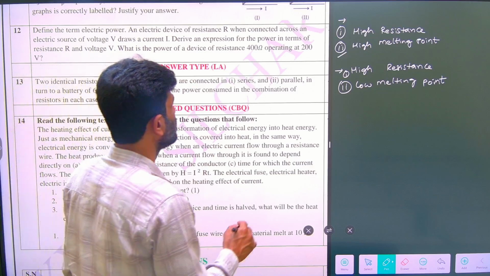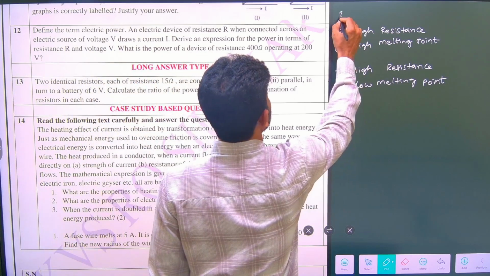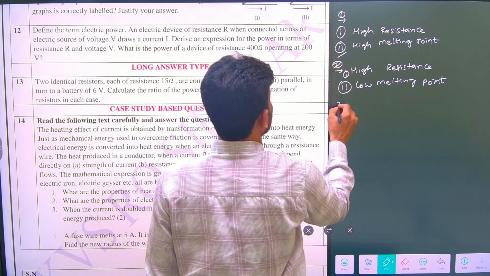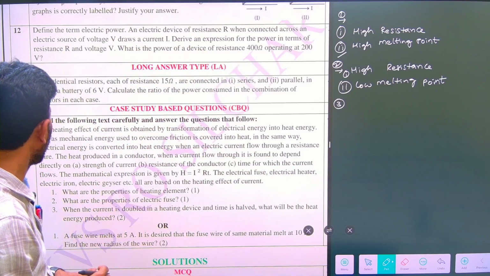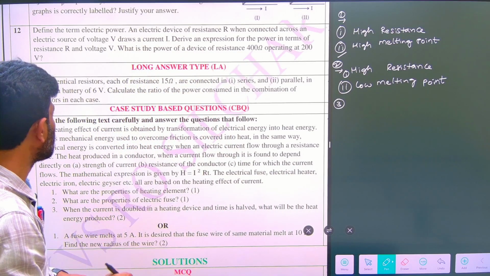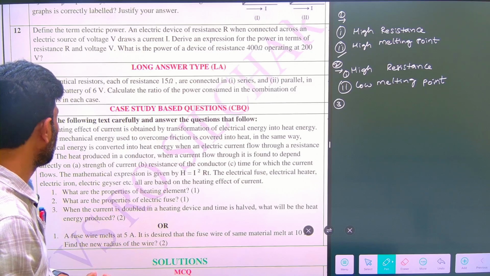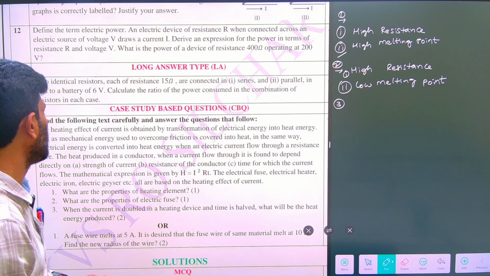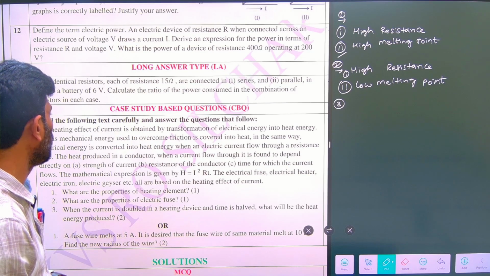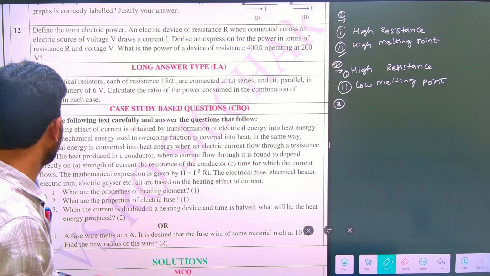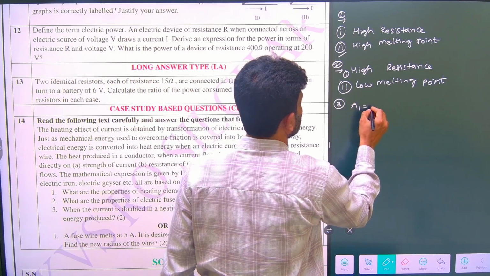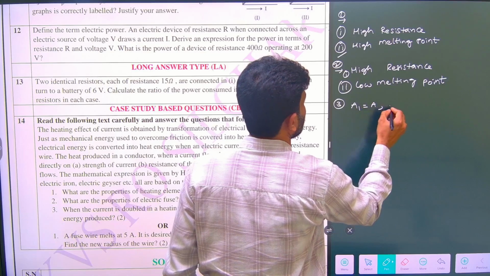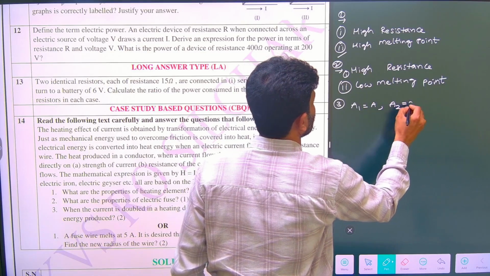Now question number 3 in this case study. What they are saying: when the current is doubled in a heating device, and the time is halved, what will be the heat energy produced? So let us take I1 is A and I2 is 2A.